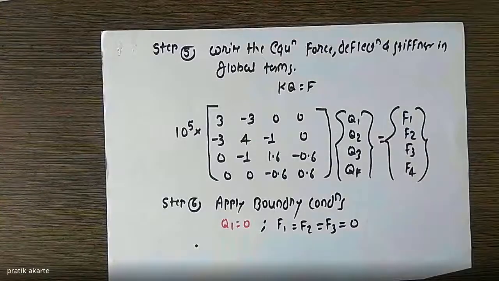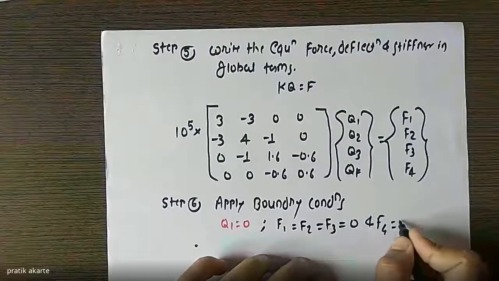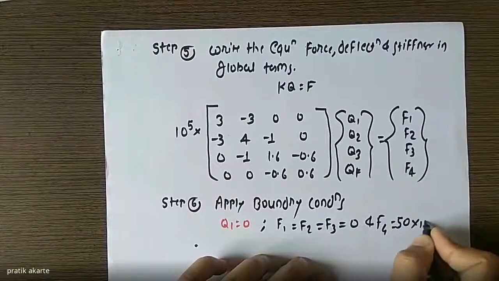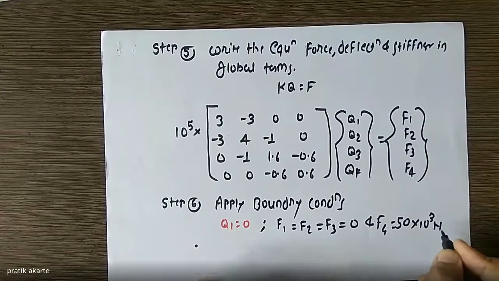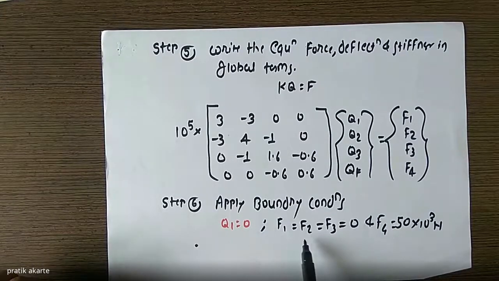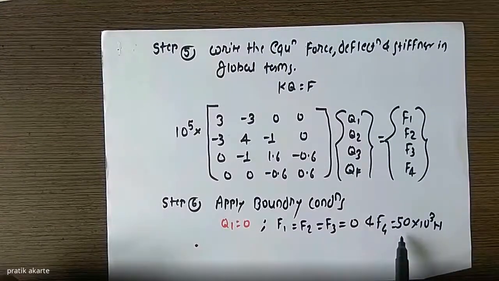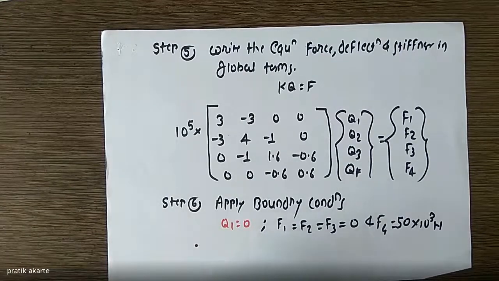And F4 is known to us, that is 50 into 10 raised to 3 Newton. So this is the information known to us. Q1 is 0 since it is fixed. Forces at nodes 1, 2, 3 are 0, and the external force at node 4 has magnitude 50 kilonewton.